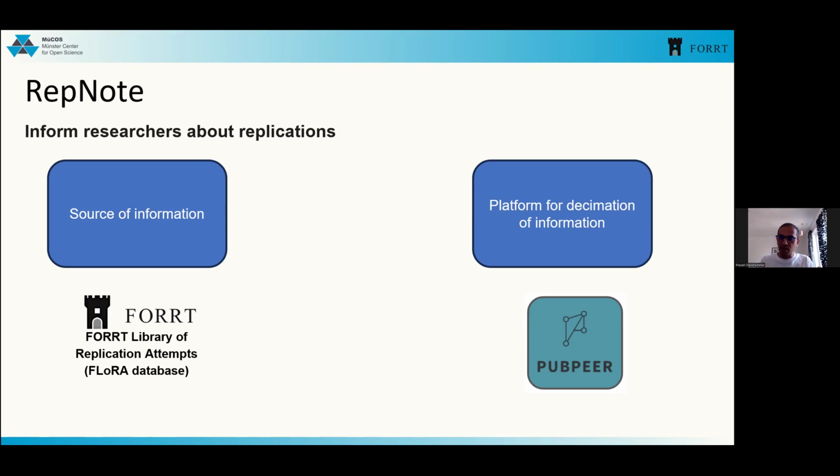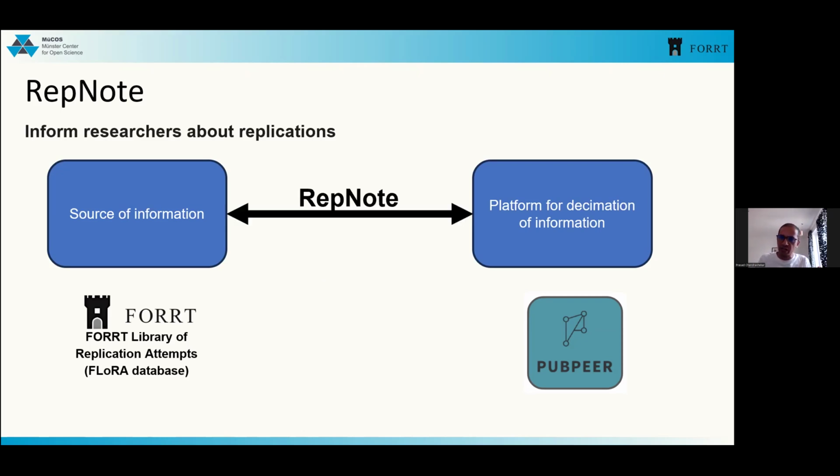It also gets a lot of attention. People read these comments, and it has brought about changes, such as retraction of certain papers or identification of questionable research practices. So publishing comments on replications on this platform could be quite helpful for people to access them.